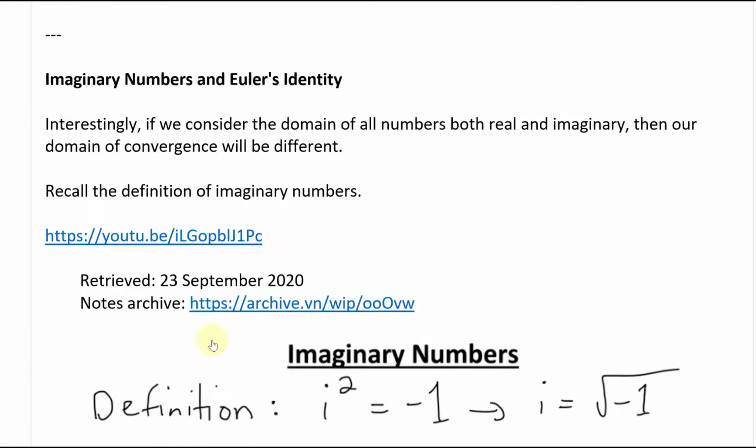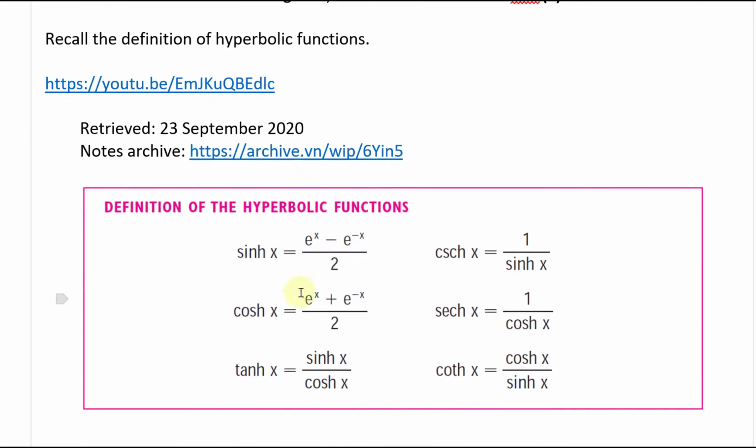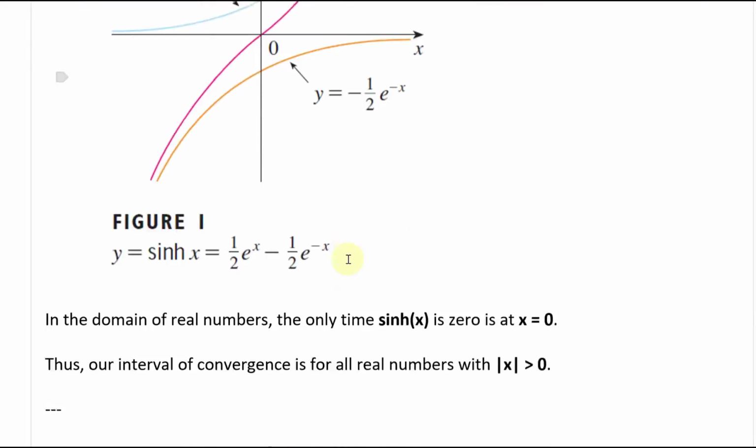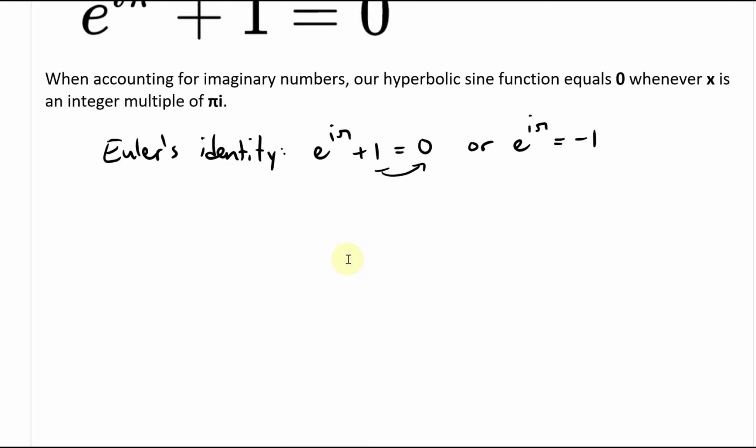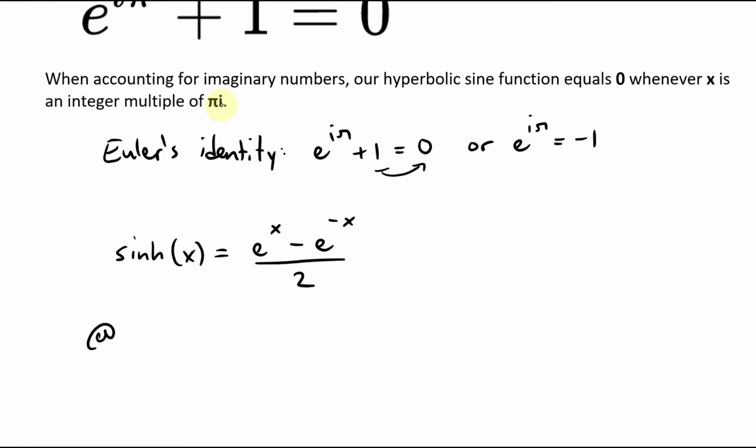Hyperbolic sine is by definition, from our earlier video, sinh of x is equal to (e to the x minus e to the negative x) over 2. Now whenever x is an integer multiple of πi, let's just look at what happens in that scenario.